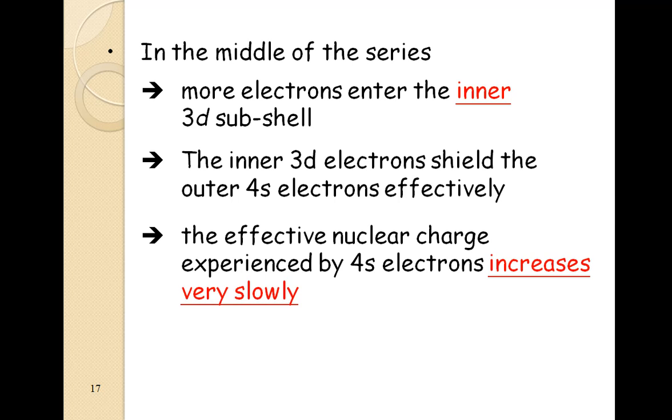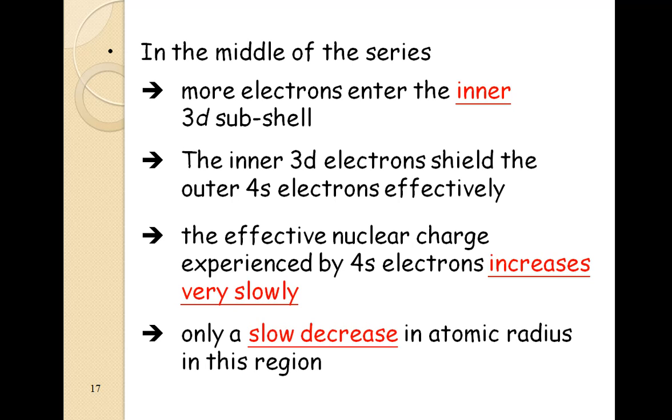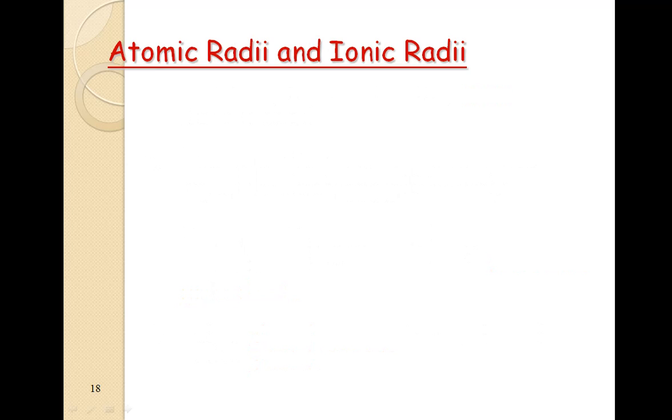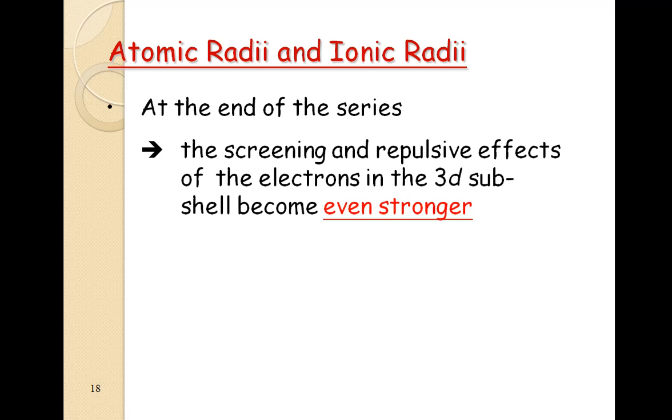The effective nuclear charge increases very slowly, so there is a slow decrease in the atomic radius in this region. At the end of the series, the screening effect becomes much stronger, so atomic size increases.